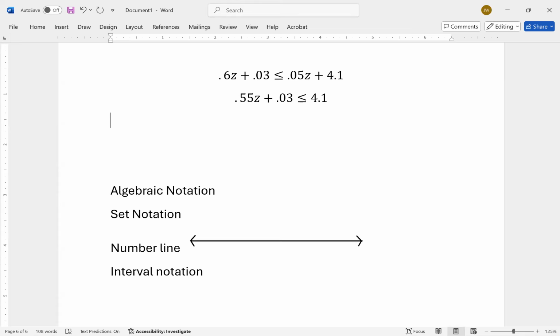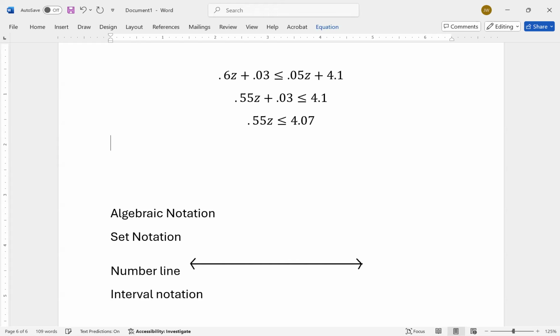Then I'm going to subtract 0.03 from both sides. When I do that, I get 0.55z is less than or equal to 4.07. And then lastly, I would divide both sides by 0.55.